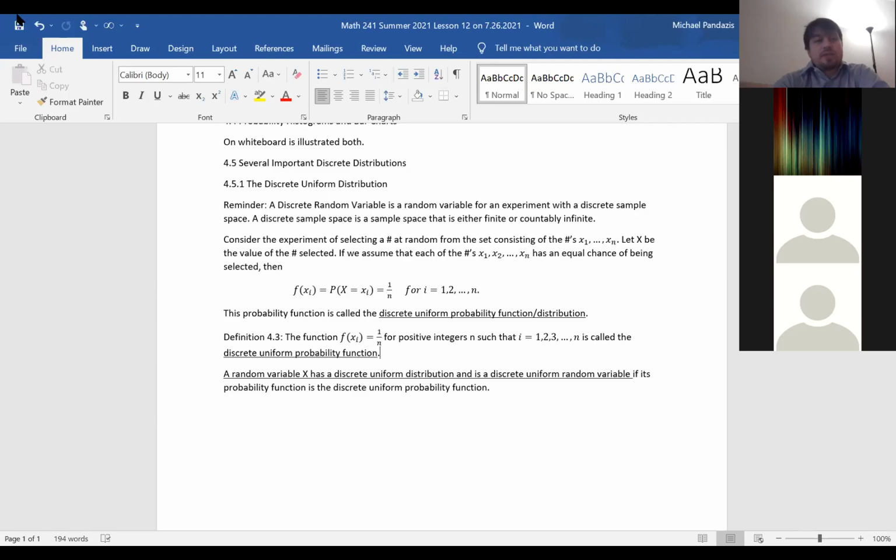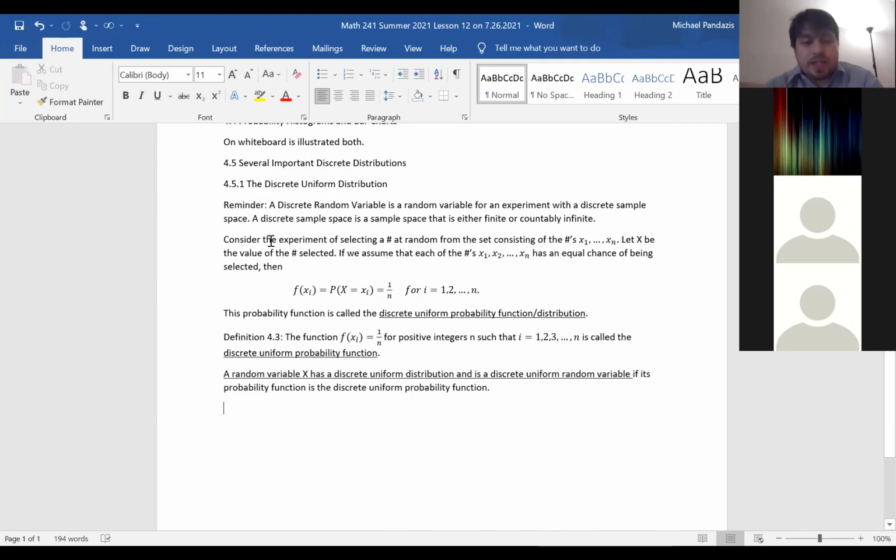If it's the discrete uniform probability function, then you have a discrete uniform random variable. It's kind of stating the obvious, but stating the obvious is sometimes important.